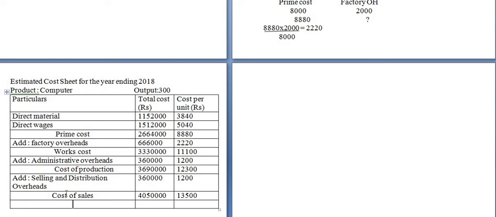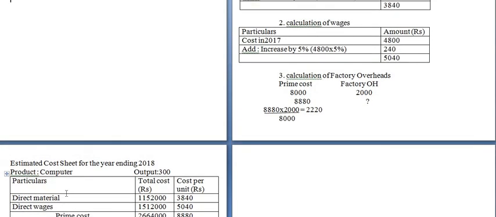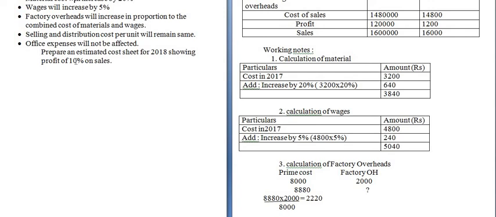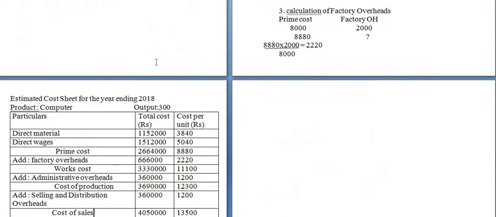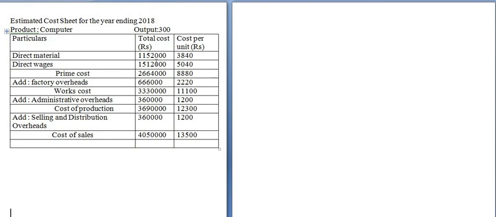Now next is profit. Information they have given in the problem, right? Now see what information they have given. Prepare an estimated cost sheet for 2018 showing profit of 10% on sales. Now check for the year 2017 whether we know how much the sales is. We don't know, right? So this is the fourth working note. Calculation of profit.